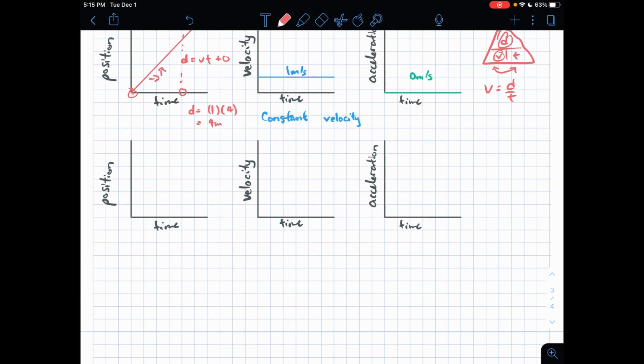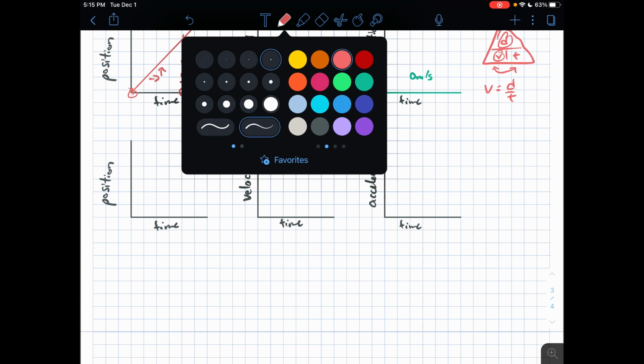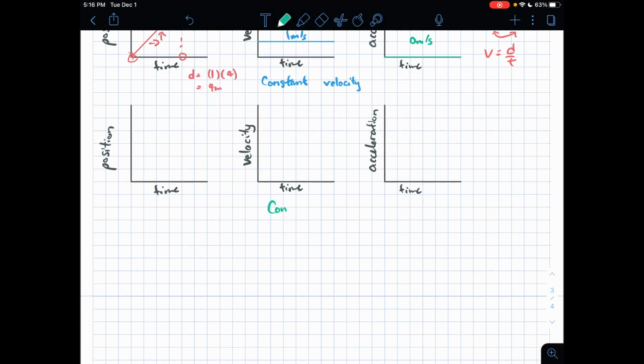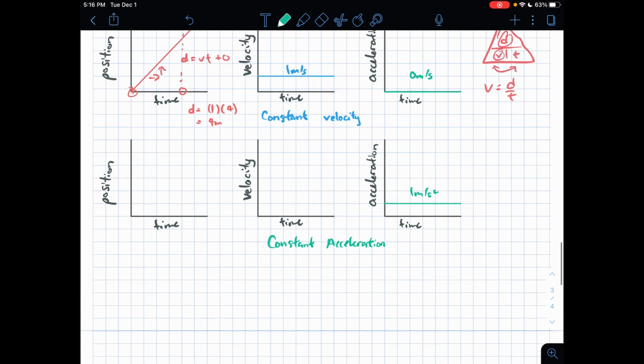Moving on. Let's say now we have a constant acceleration. So the constant acceleration would be 1 meter per second squared, by the way, my bad.